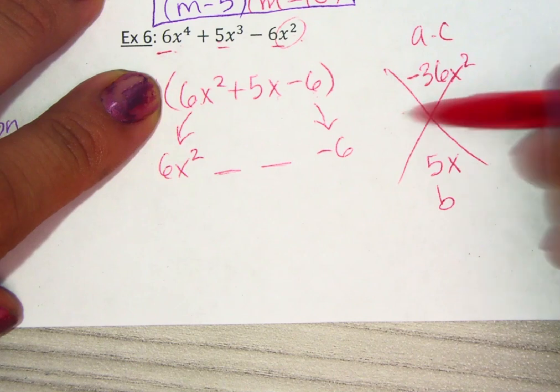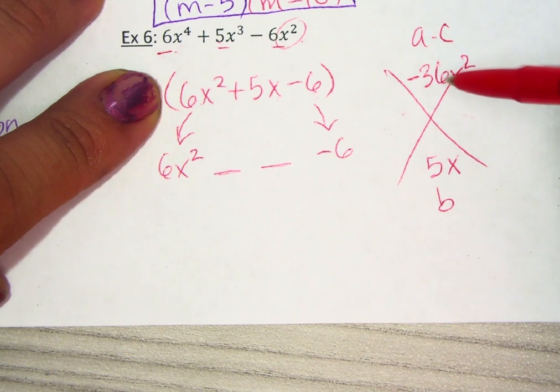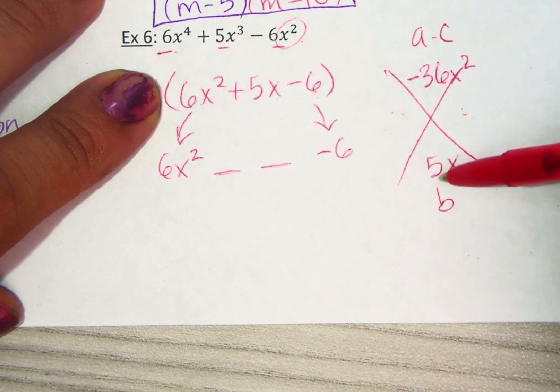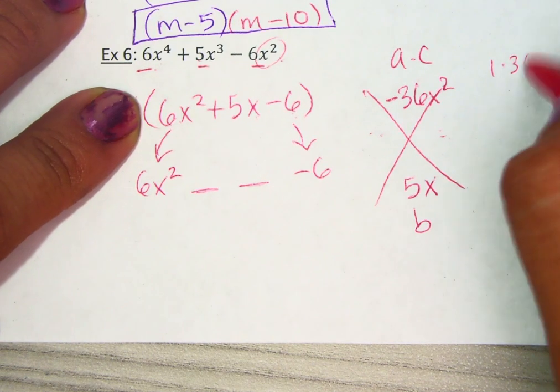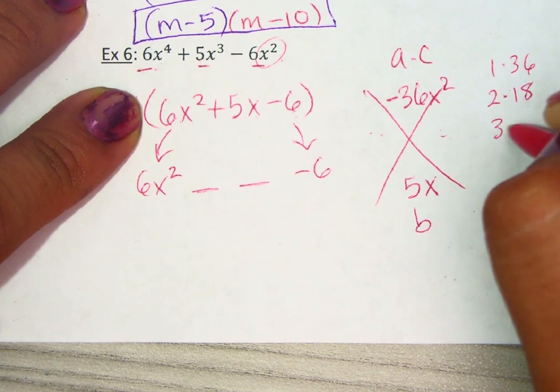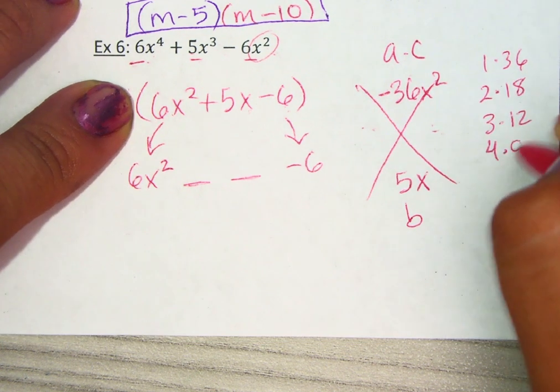So what two numbers do you multiply where you have a negative answer and it gives you 36, but when you combine, you get 5. So here you need to think about 1 times 36, 2 times 18, 3 times 12, 4 times 9.